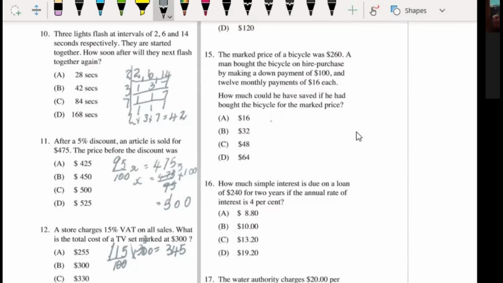So it is 260 plus 12 times 16, which is 192. So this gives us a total of $452.